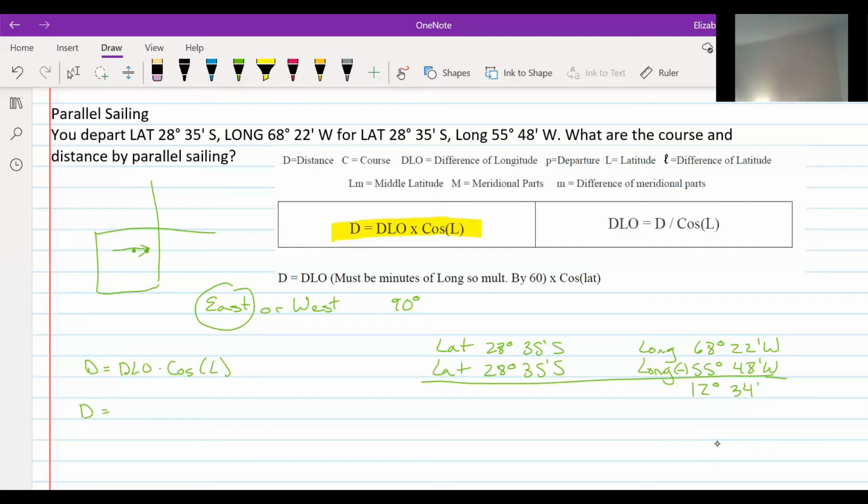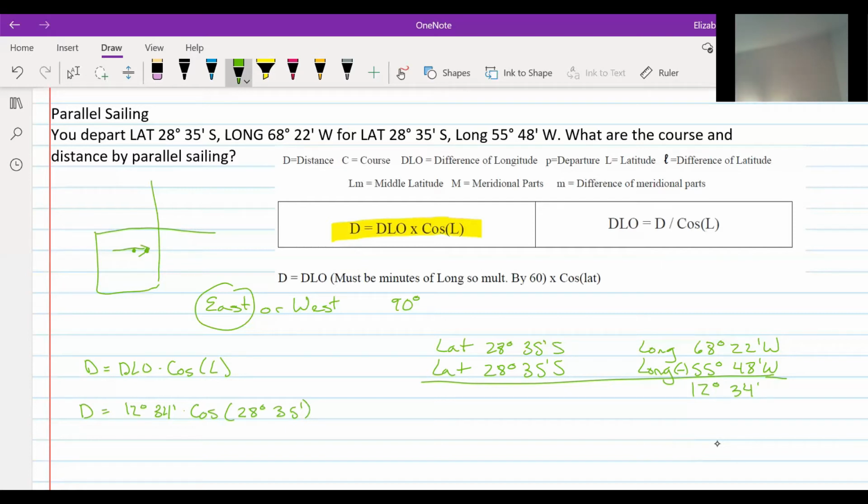So our distance between our longitudes is 12 degrees, 34 minutes, times cosine of our latitude, which is 28 degrees, 35 minutes south. You don't need to write the south when you're doing the math problem. It is very important to not round at all whenever you use cosine, sine, or tangent in any of the problems.